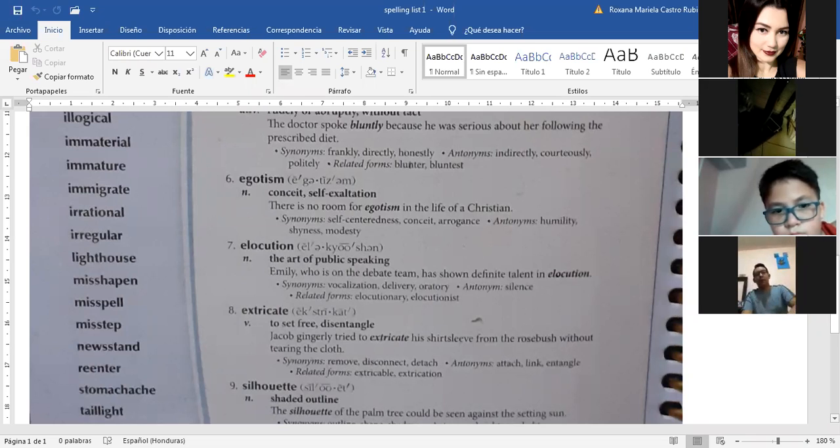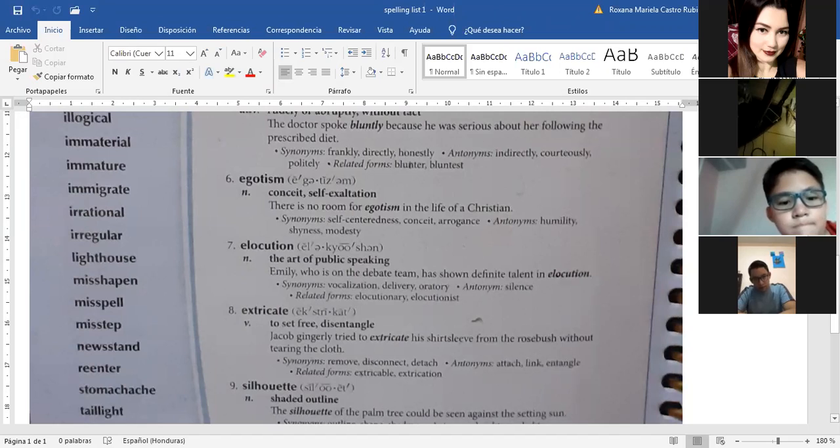Remove, disconnect, extricate. How will you translate the word extricate? Kenneth? Librar. Exactly. O sacar, quitar, liberar, como usted lo dice. Exactly. And in this sentence, how will you translate this sentence? Who can help me?